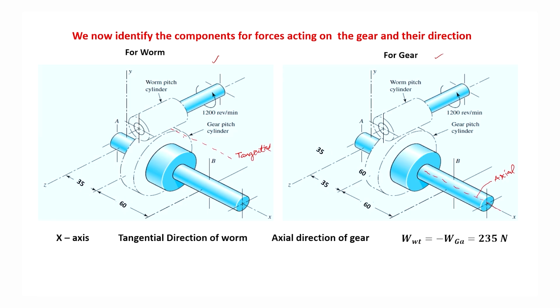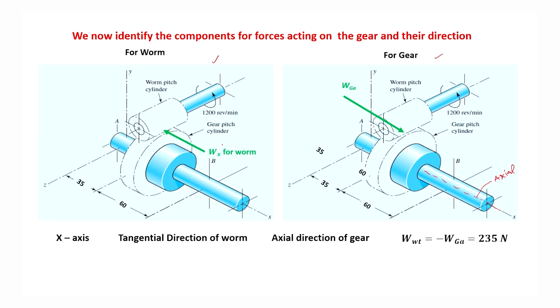And so, WT, the force acting on the worm in this way, was the tangential force WT, it will become the axial force on the gear. See this one. This is your Wx on the worm. Opposite to this, a reaction will act on the gear, and that reaction is in the x direction.